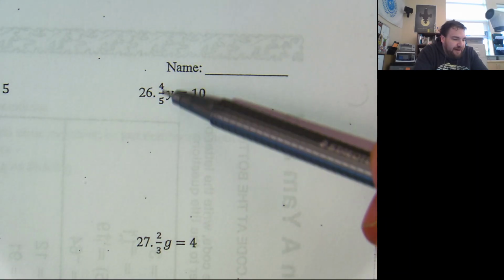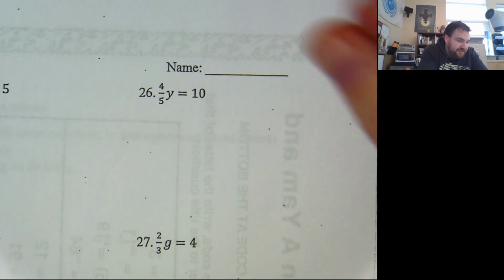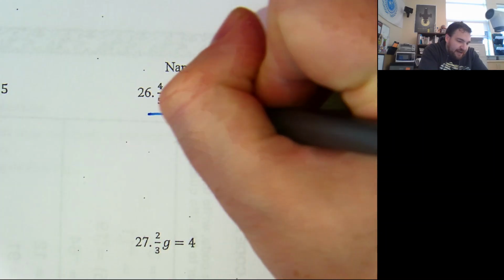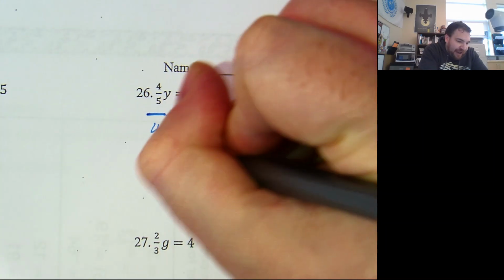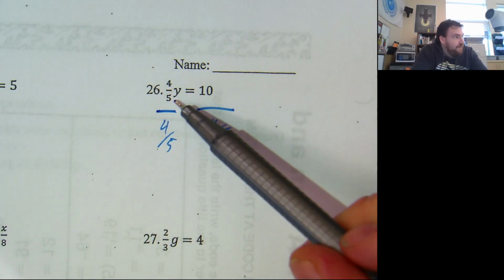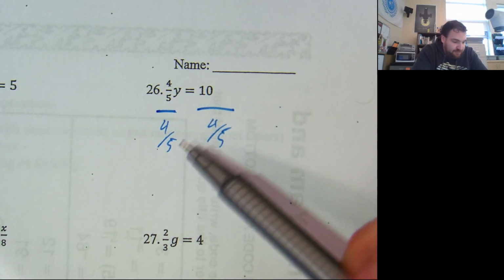Right now, I've got 4/5 times y equals 10. I'm multiplying y by 4/5. So my one-step operation is going to be to divide both sides by that fraction. Because I'm multiplying by the 4/5, I'm going to divide by the 4/5.